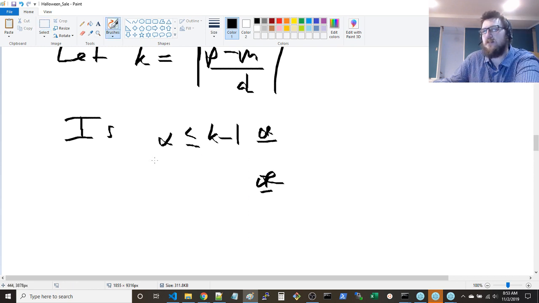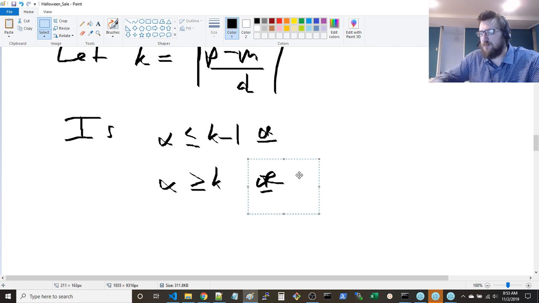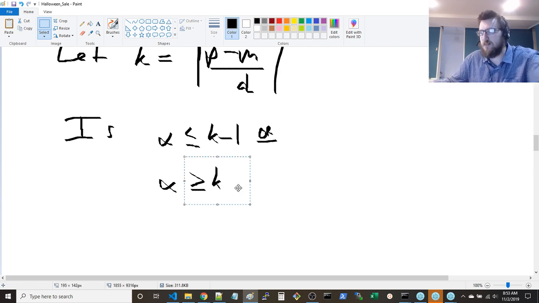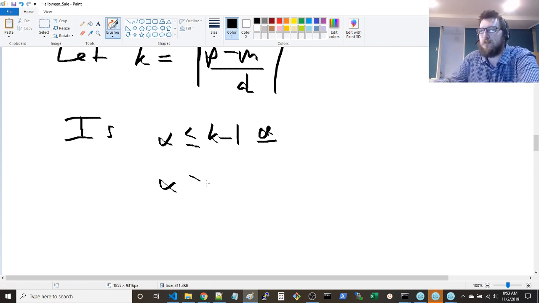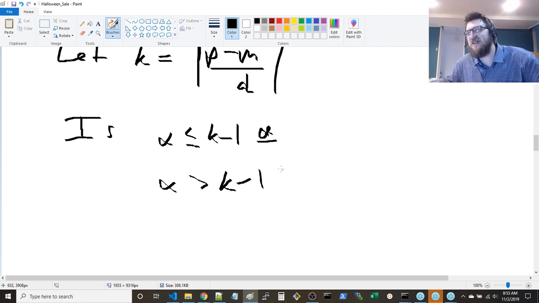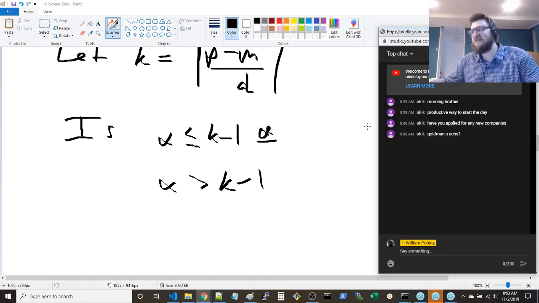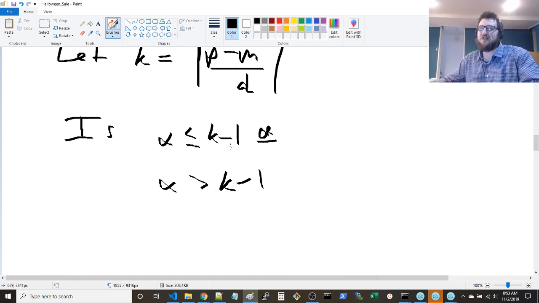There's 2 cases. Alpha is less than or equal to k minus 1, or greater than or equal to k. Yeah, of course. Which is just greater than k minus 1. Oh my goodness, I don't know why my brain couldn't fathom that for some reason. It's an easy problem and really simple, the logic, but it wasn't registering.